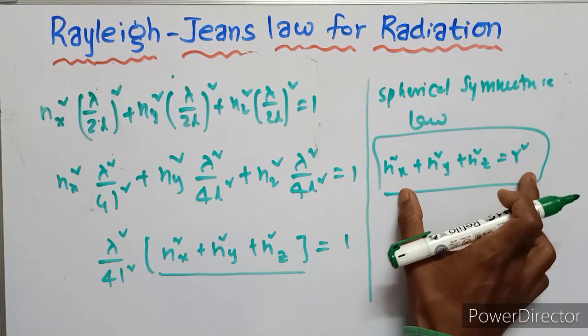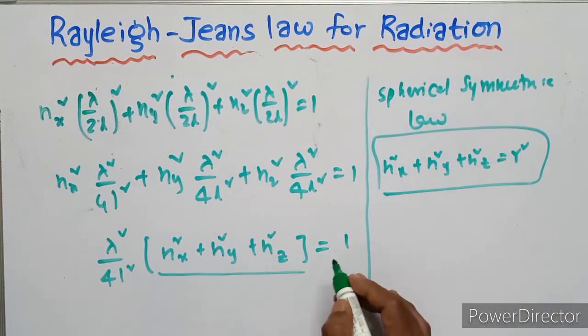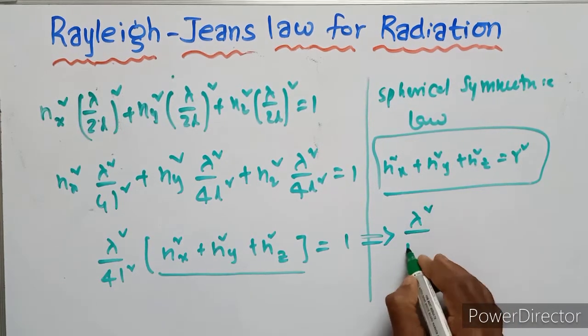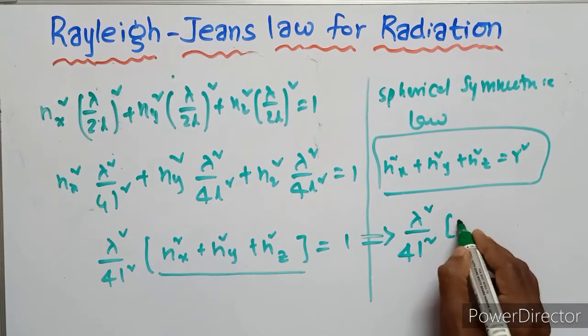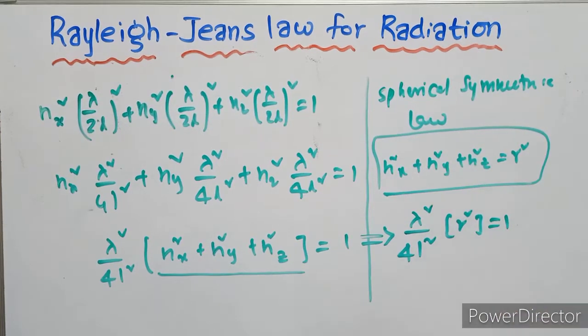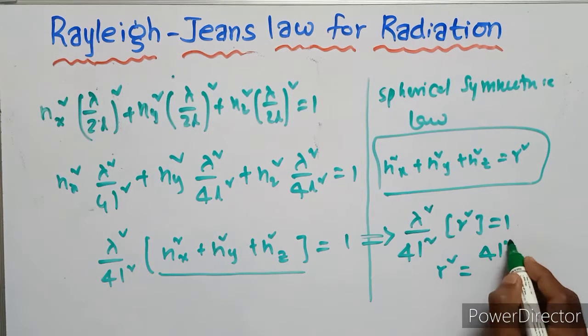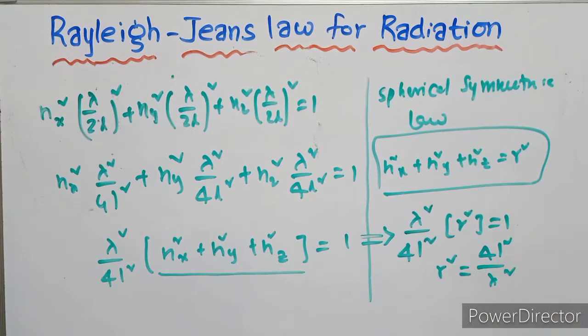So this value is substituted in this equation, then it can be written as λ²/4l² times r² equals 1. So r² equals 4l²/λ², then r equals 2l/λ.